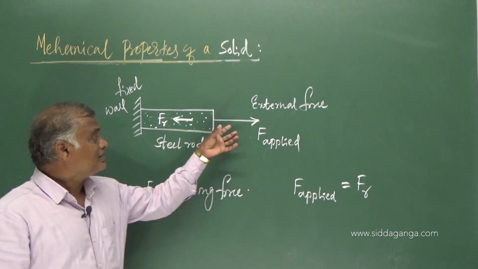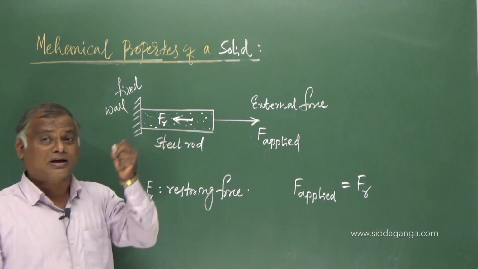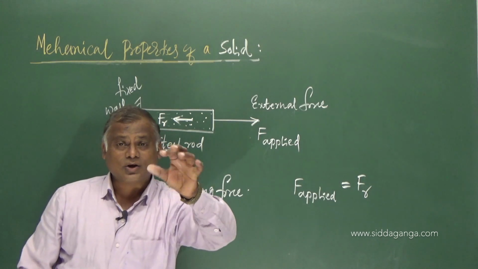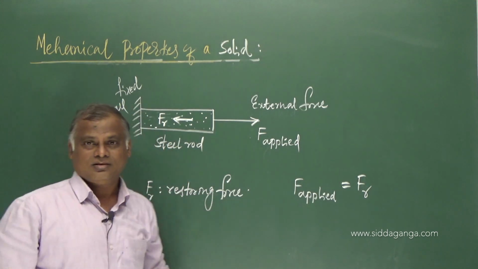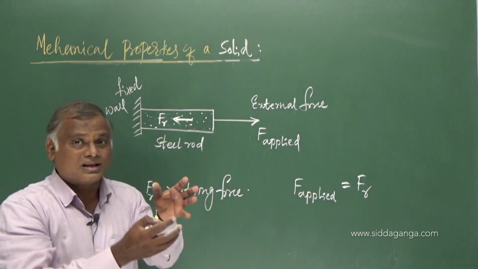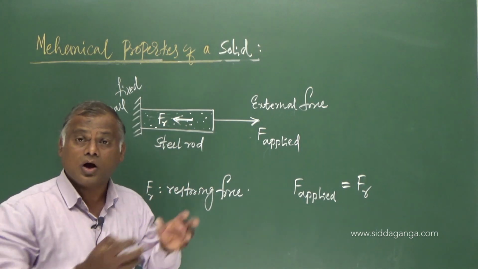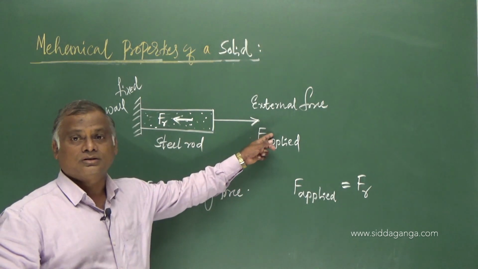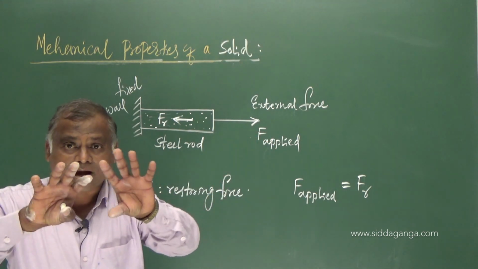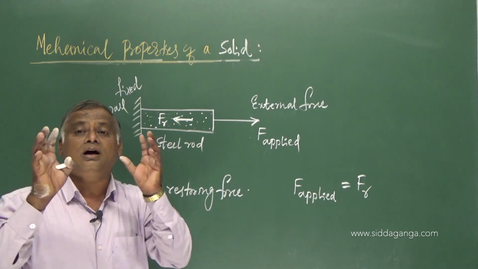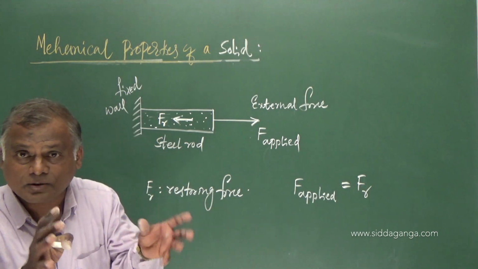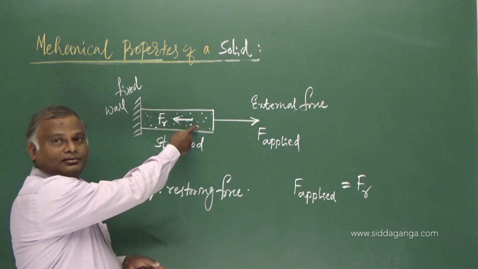How much restoring force is developed? Now you are understanding the mechanical properties, how this solid is going to behave. There is some intermolecular force of attraction, all the atoms get together and they start opposing the applied force. That is the mechanical property. Remember, what type of property? Mechanical property of solid.